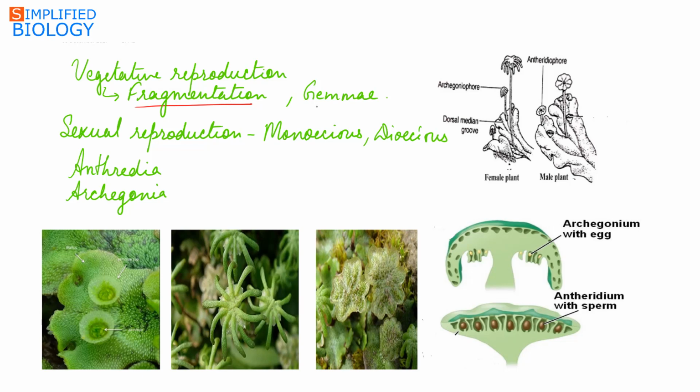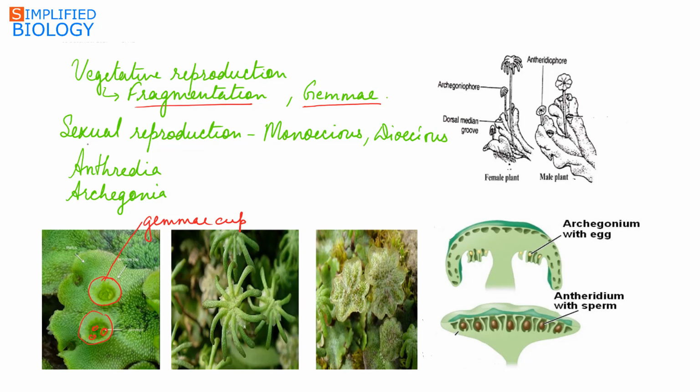Vegetative reproduction also takes place with the help of gemmae. Gemmae are multicellular structures growing upon the thallus in groups inside gemma cups. These are the gemma cups inside which the multicellular gemmae develop. When they get separated from the thallus, they divide to form a new plant.